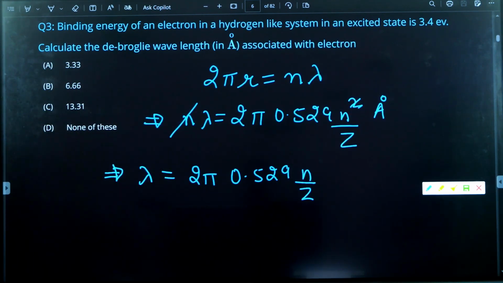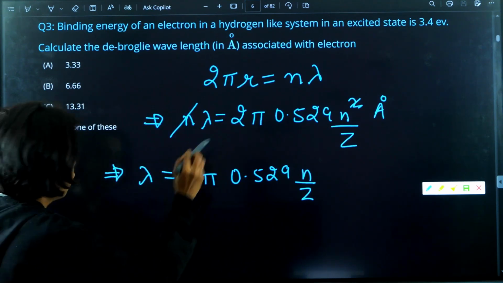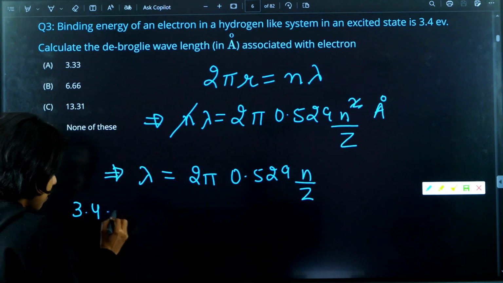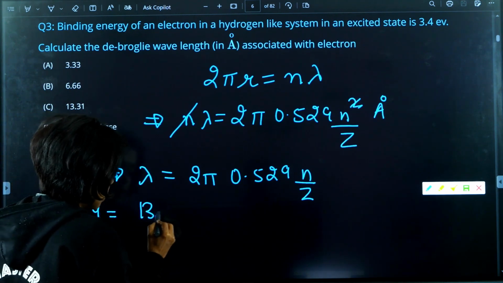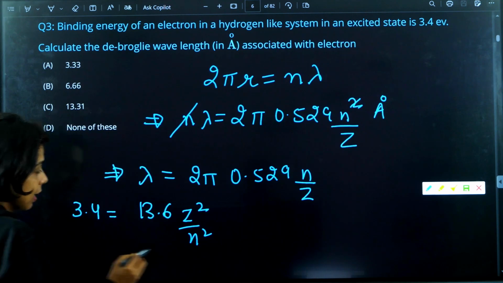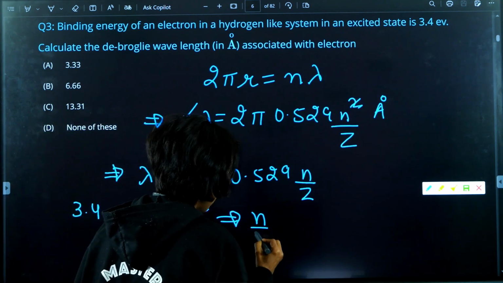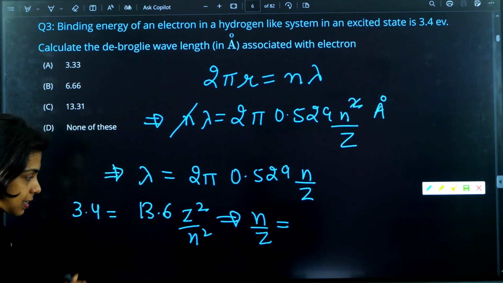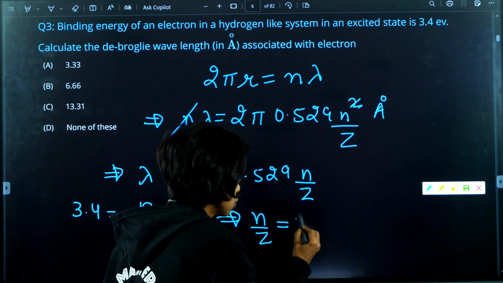Also, the binding energy is given to us, right? The binding energy is given to us as 3.4. So 3.4 is the binding energy, that is 13.6 z square by n square. So from here I can get the value of n square by z square as 4, and n by z as 2.